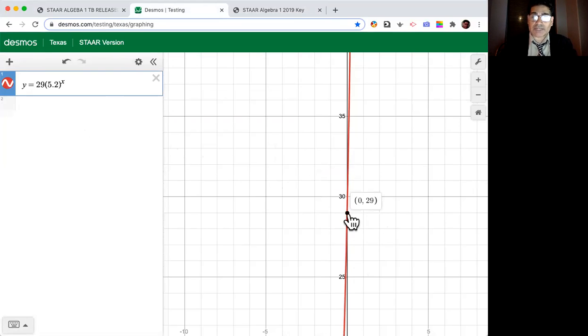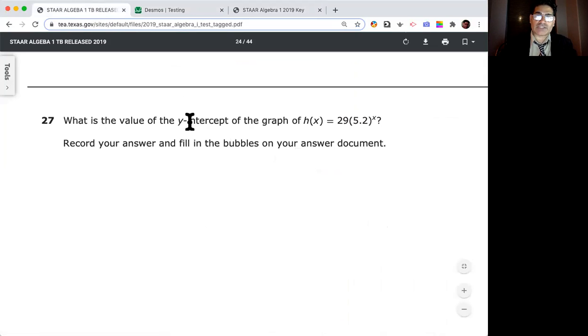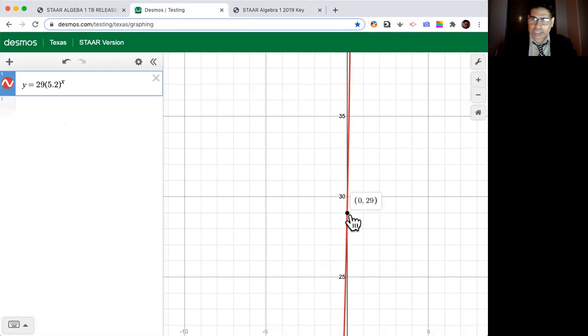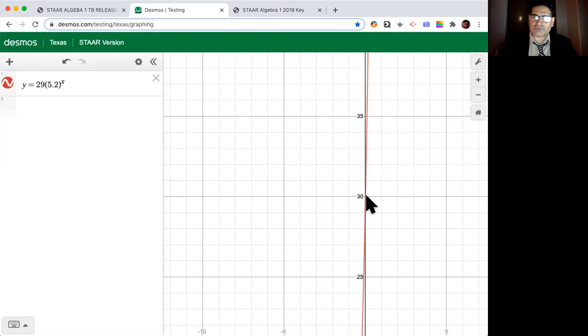That's the point at which the y is hitting, and that's what it's asking. What is the value of the y-intercept? What you can take away from that is Desmos allows you to see that curve, and it hits at just that point, 29. And there it is in the 29 coordinate.